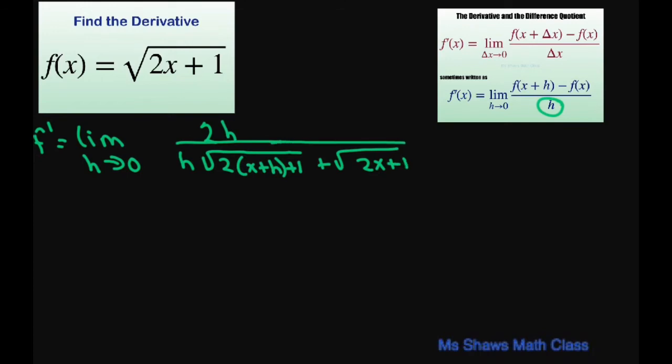What happens is the h's cancel. So now we just have 2 in the numerator.